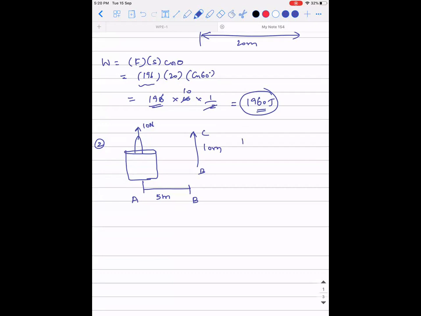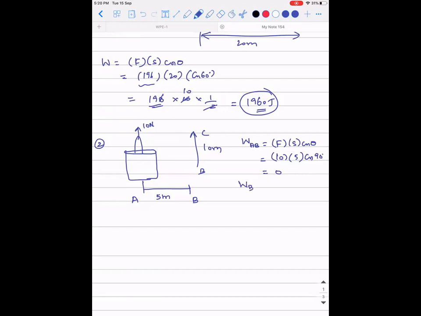What is the work done from A to B? It is F into S into cos theta. The force is 10 Newton, displacement is 5 meter, cos of how much? 90 degrees. So that will be 0.